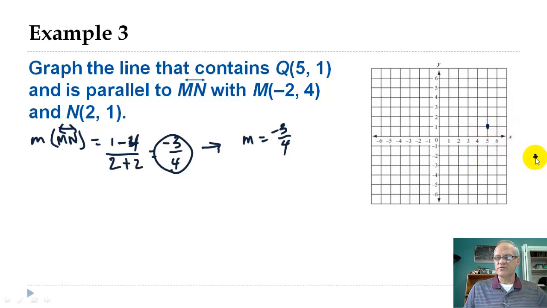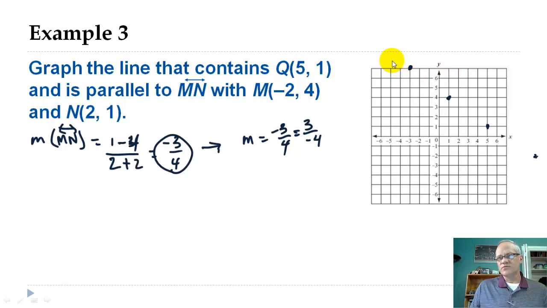Well, remember that this can also count as 3 over negative 4. We can think of the negative as being on the bottom. So let's do that. If I count up 1, 2, 3, positive 3, then I can go 1, 2, 3, 4 to the left. And that looks like it lines up about where we expect our other point to be.